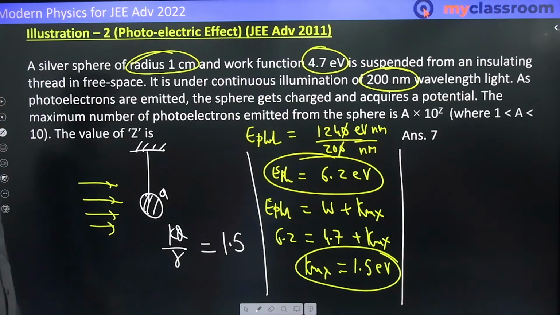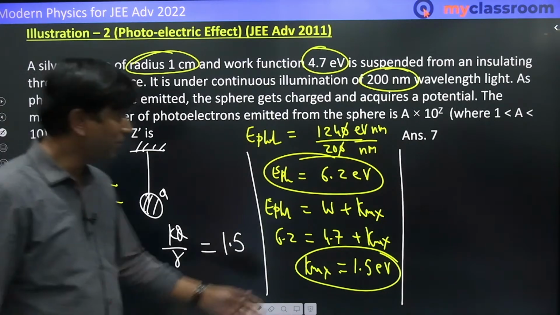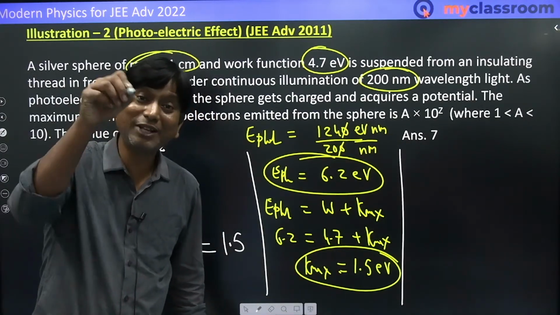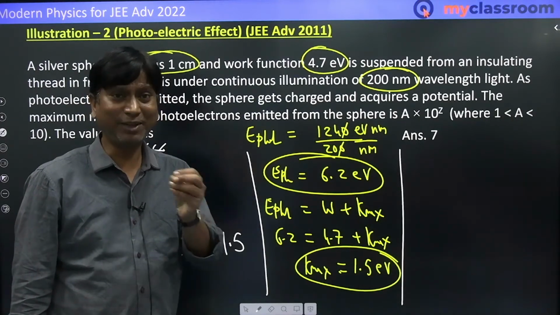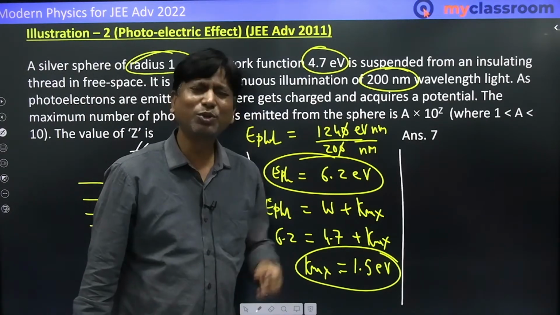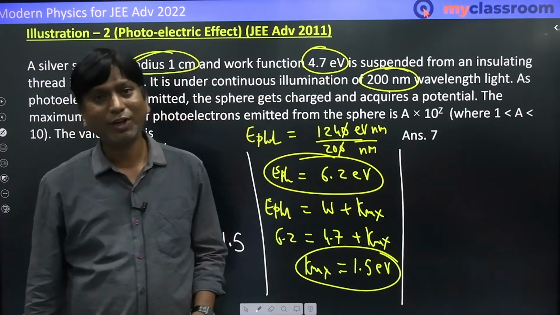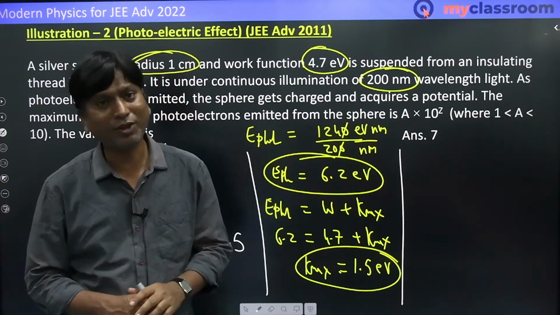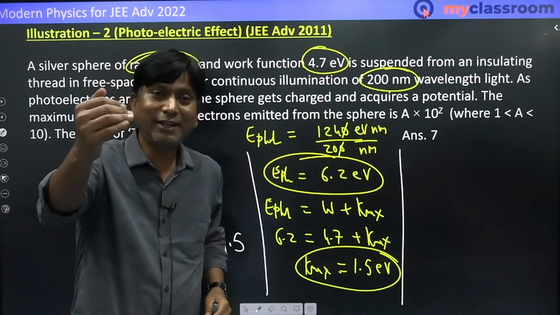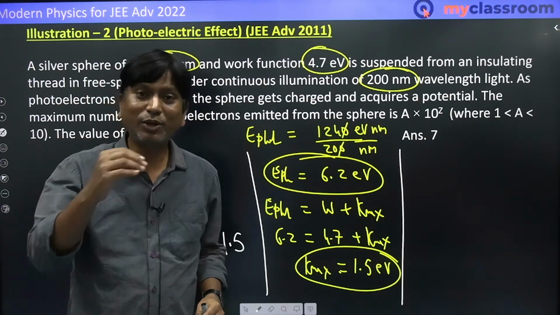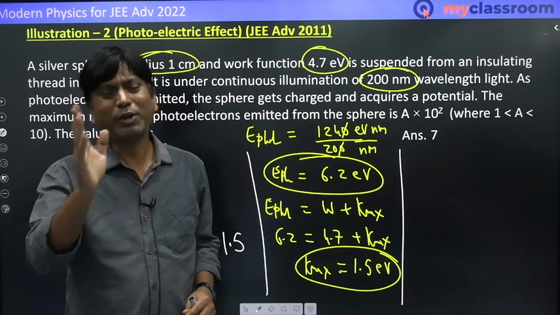This stopping potential of 1.5 volts will stop the 1.5 electron volts kinetic energy of the electron. Simply put, to stop an electron having a kinetic energy of 1.5 electron volts, you need a potential difference of 1.5 volts, right? Or the same thing, to accelerate an electron from zero kinetic energy to 1.5 electron volts, you also require a potential of 1.5 volts.